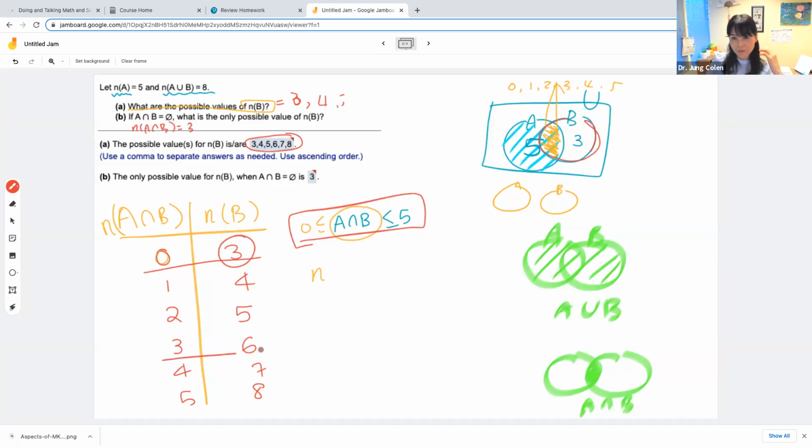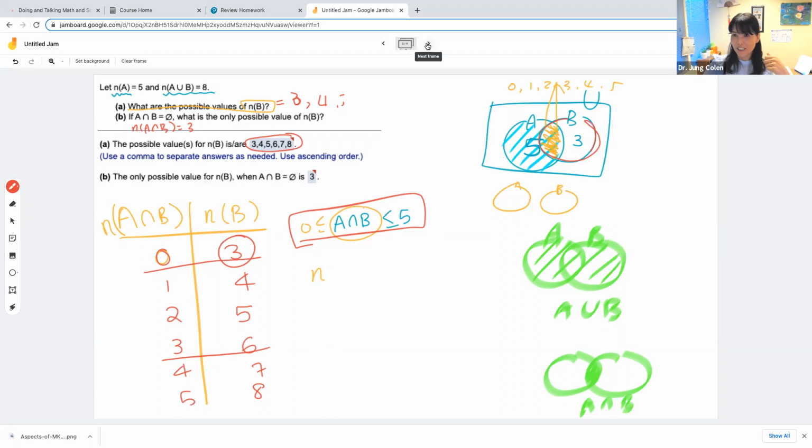We can find that. Then the number of elements in B should be 6. Right? If it's asking, the number of elements in A intersection B is 2, what is the possible value for NB? And it should be 5. Okay? Are we good?